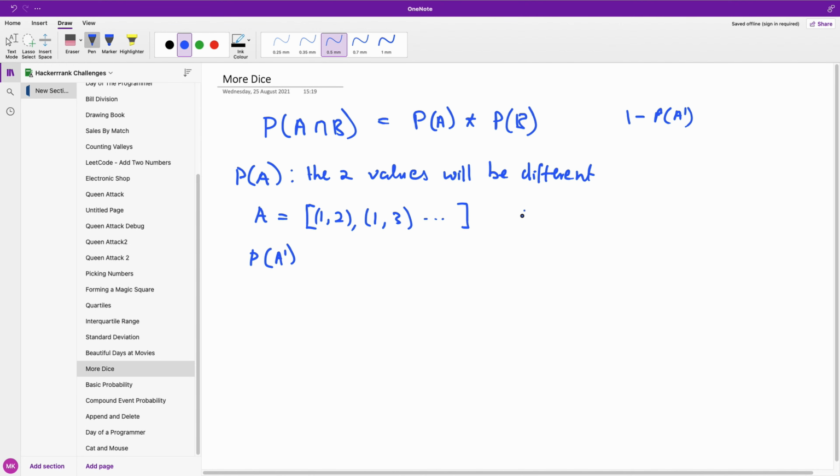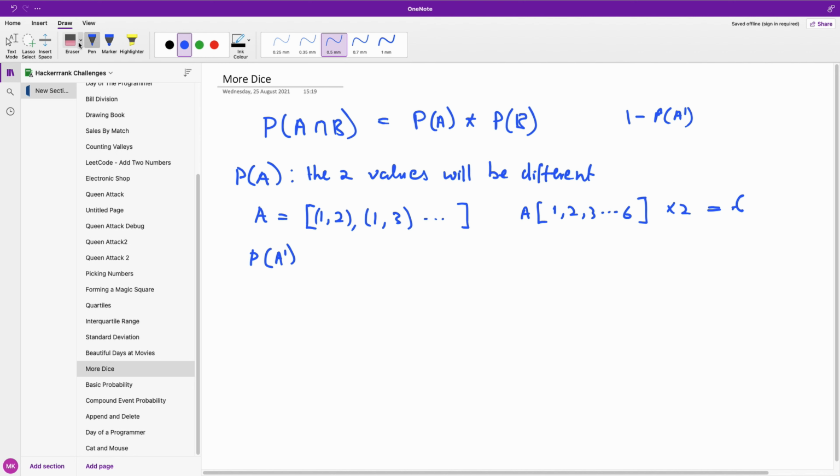In this case, our A bar will be (1, 1), (2, 2), (3, 3), (4, 4), (5, 5), (6, 6). We have 1 in 2 places, 2 in 2 places, 3 in 3 places, all the way to 6. But we are having two dice, so it's going to be times 2, and that's going to give us 12.